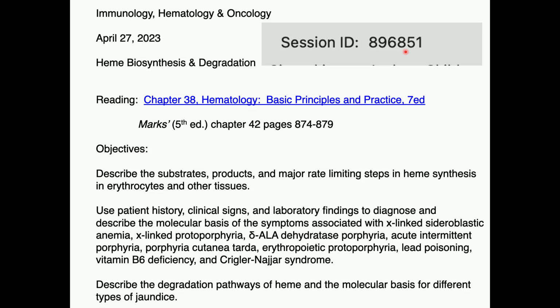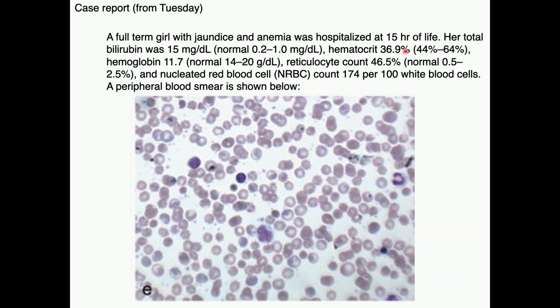Okay, so before we get started on the heme synthesis, why don't we circle back to the case that we did not get to yesterday. So this was a young female baby who was born with jaundice and anemia at birth.